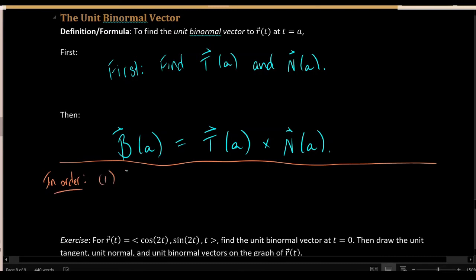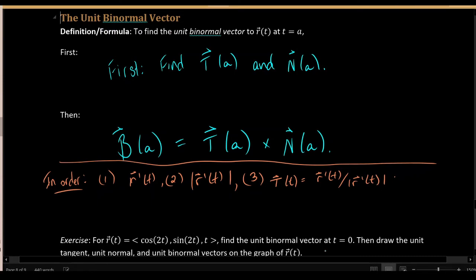The first thing that you want to do is find the velocity vector for your function. Then you want to find its speed. Then you want to find the unit tangent vector, which is velocity divided by speed. Then you're going to start working on the unit normal vector.